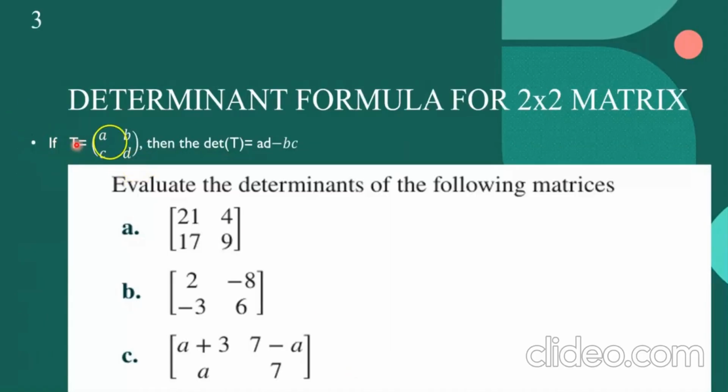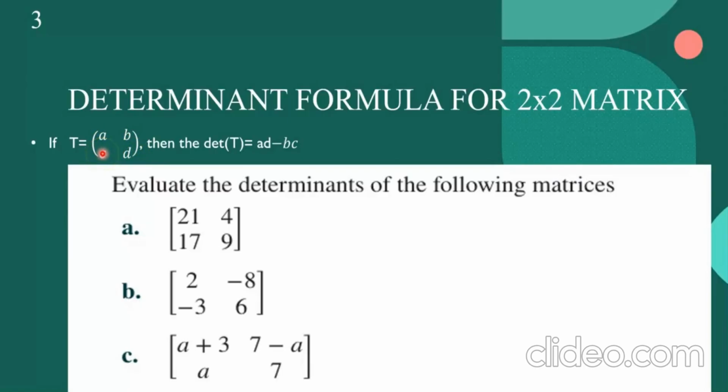So let's look at the general rule. Anytime you have a matrix, the line drawn from the top left corner to the right hand down corner is called the main diagonal or the major diagonal.